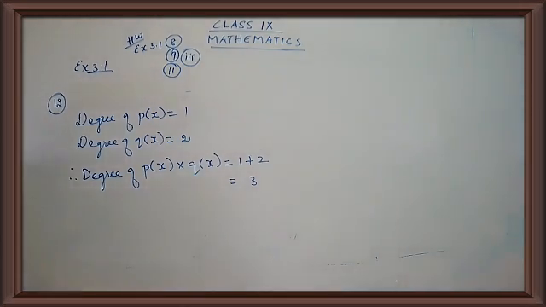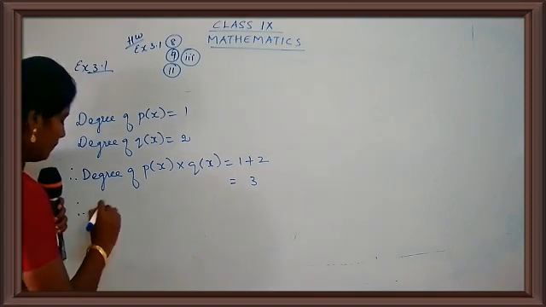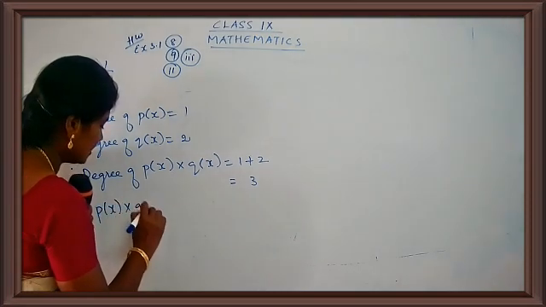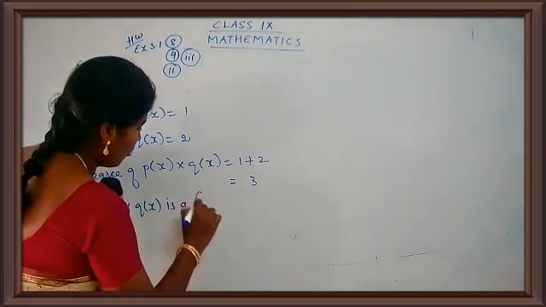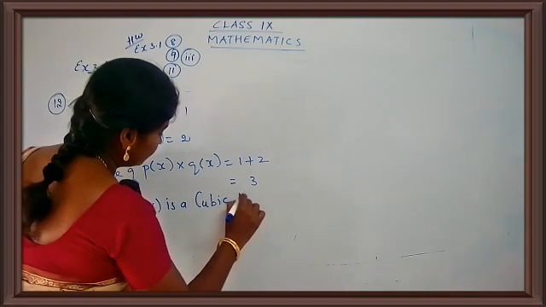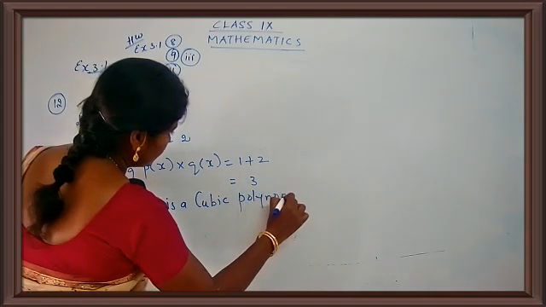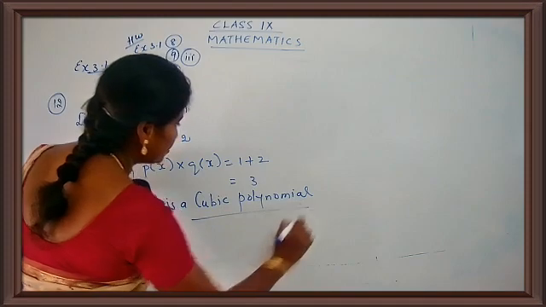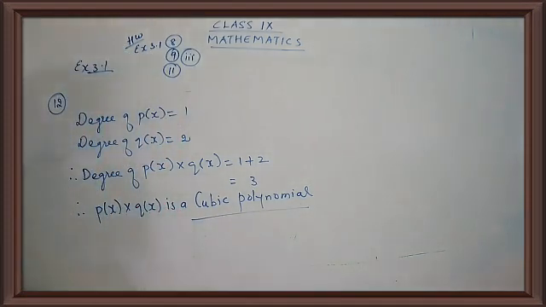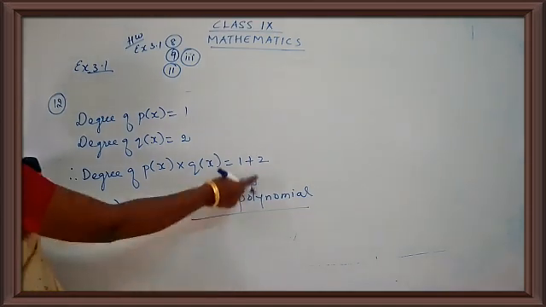We have seen the definitions, children. If a polynomial has degree 3, it is a cubic polynomial. So write down: therefore, Px into Qx is a cubic polynomial. So what type of polynomial is Px into Qx? It is a cubic polynomial. Why is it a cubic polynomial? Because the degree is 3.